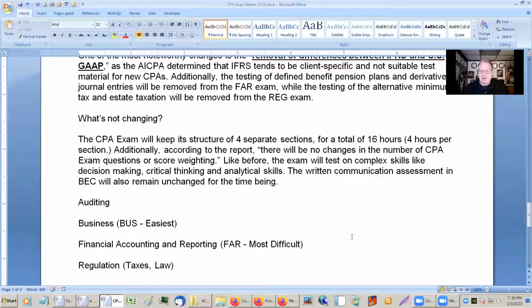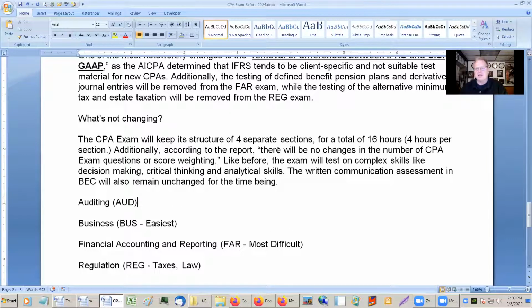Sometimes people say start with this one, and sometimes they say start with FAR, because if you pass the hard one, the rest will be easier. Some people say pass the easier one first and go through. This one is called REG, and this one is auditing. And yeah, that's it.